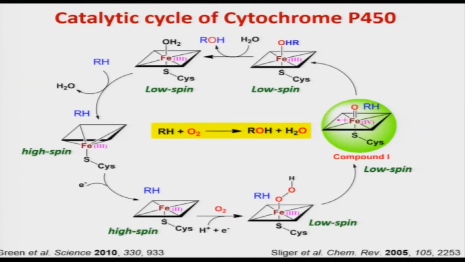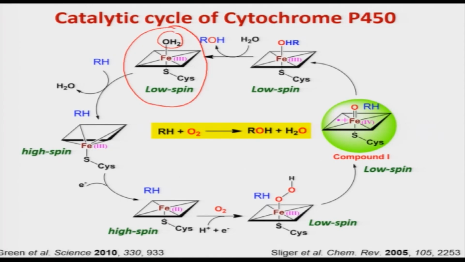The catalytic cycle of this enzyme is shown over here. Now, this is what it is in the resting state: the iron(III) center with cysteine sulfur at the fifth position and a weakly bound water molecule at the sixth position, indeed a low spin species, S equal to 1/2.